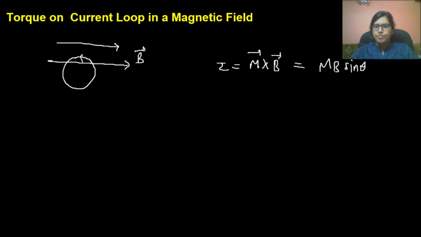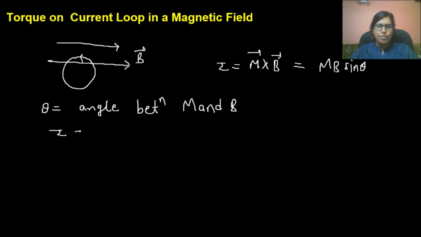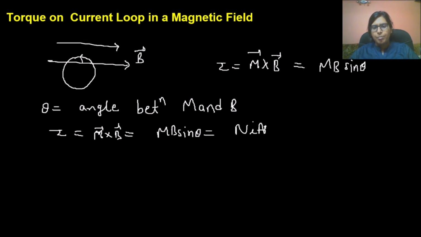Theta is the angle between M and B. So this equation tau equals M cross B can be written like this, M B sin theta, or M can be written as N into I into A, so N I A B sin theta.